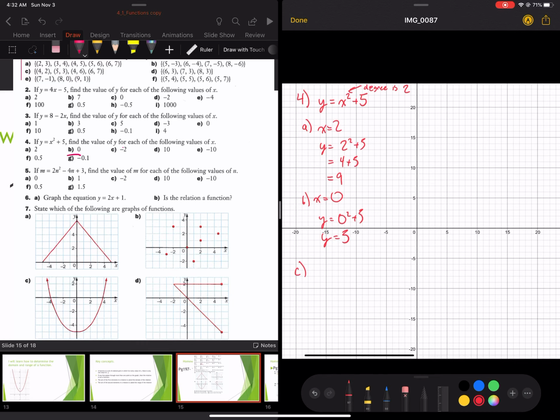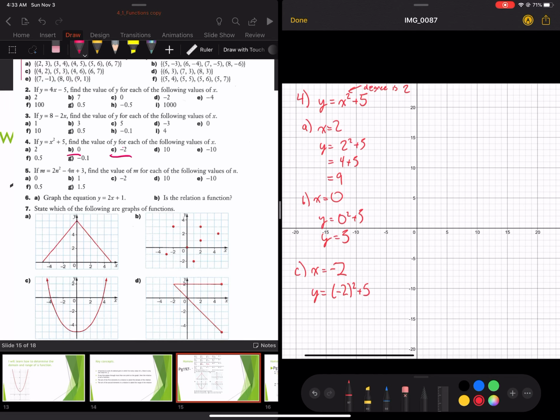C, x equals minus 2. So y would be equal to minus 2 squared plus 5.